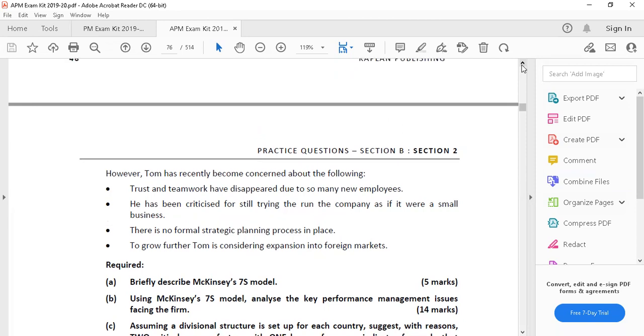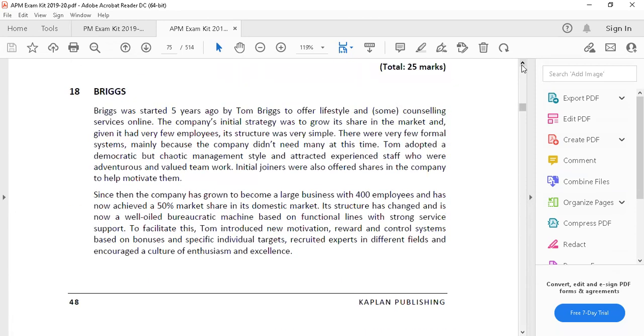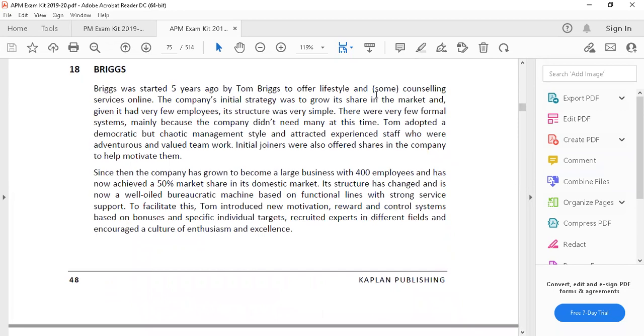I hope you're able to see this on the screen. It says BRIGGS was started 5 years ago by Tom Briggs to offer lifestyle and some counseling services online. The company's initial strategy was to grow its share in the market.